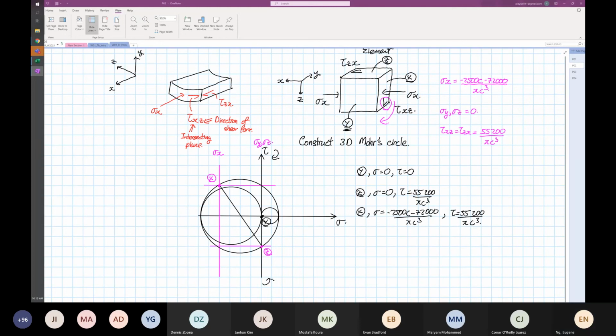So now, once you have constructed this circle, we know that the maximum stress your element will experience in normal stress loading is your stress A, and over here, stress B. So we know from here that stress A and B are known as your principal stresses.